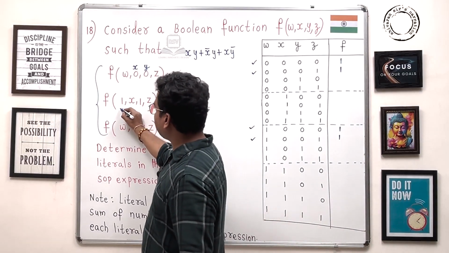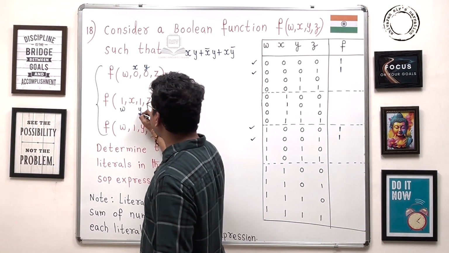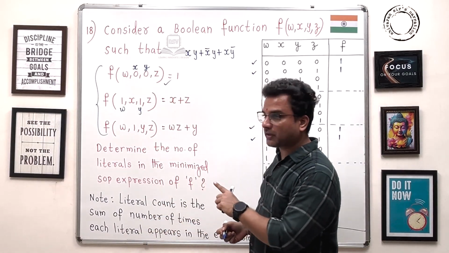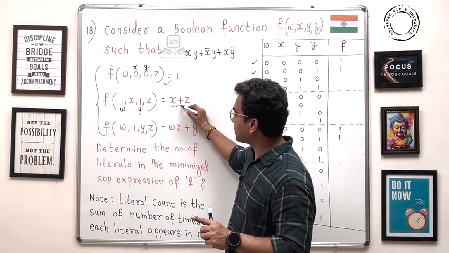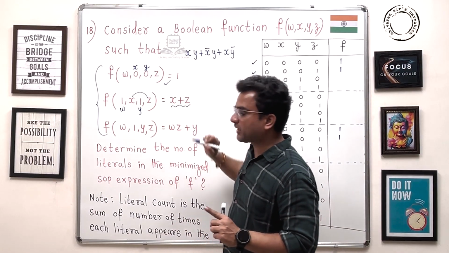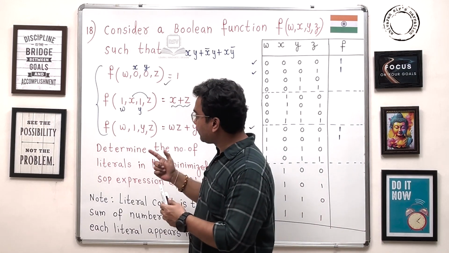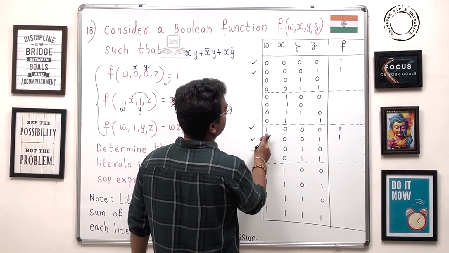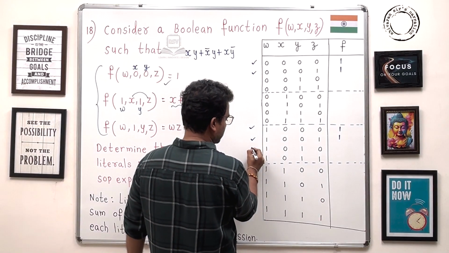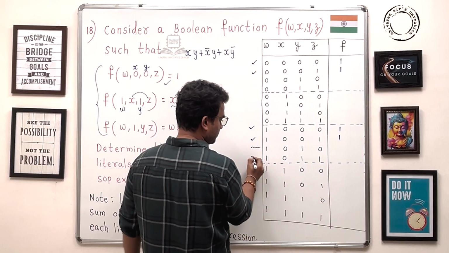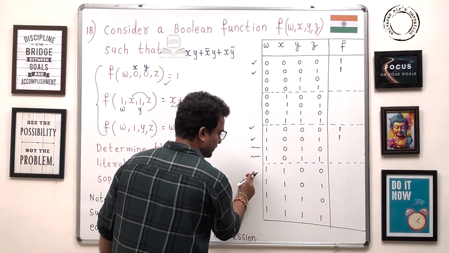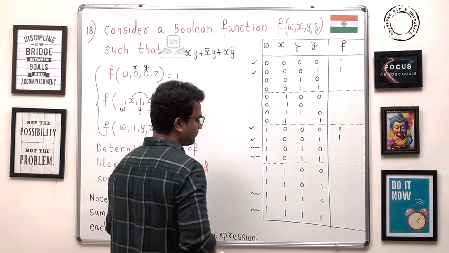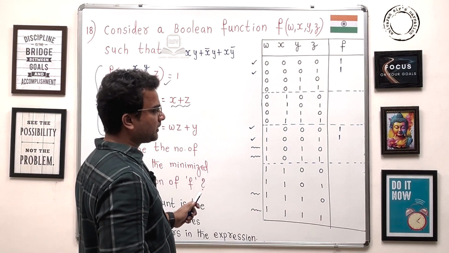Here it is w, and it is y as per this. Whenever w is 1 and y is 1, the output is x plus z. Where w is 1 and y is 1, here, here, here, and here, these are the cases, isn't it? Yes.